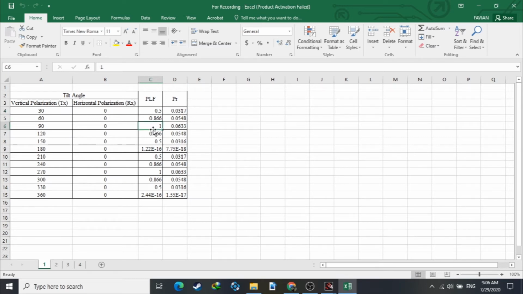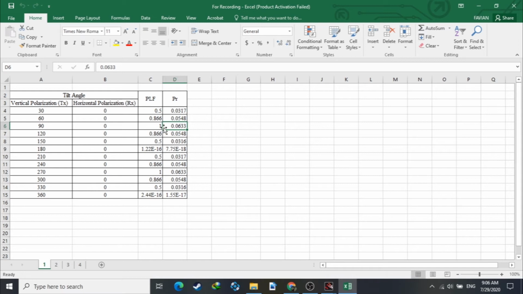Okay, so if we get near 1, the received power is getting bigger, so we can conclude that if the PLF is getting bigger, the received power is getting bigger too, and vice versa. If the PLF goes lower, the power goes low too.